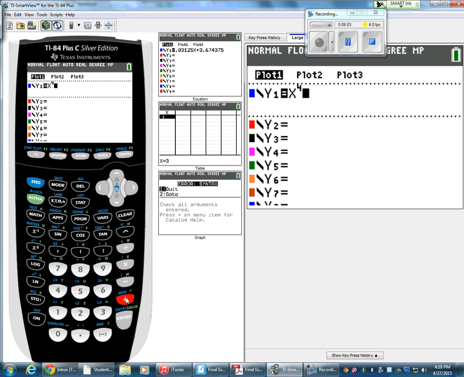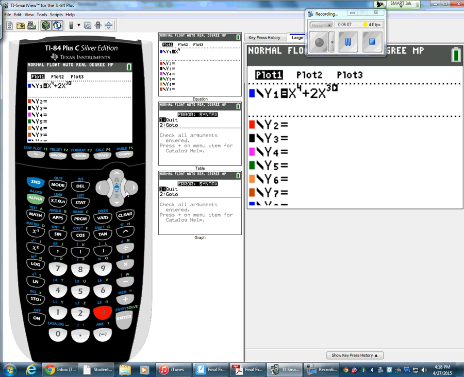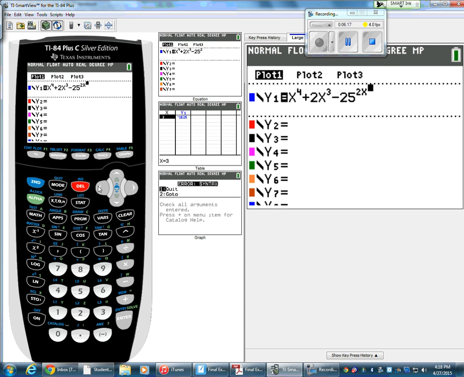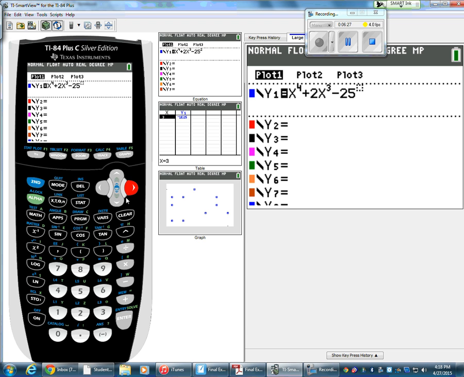You don't keep it up there in the exponent, plus 2x cubed, and then minus 25x squared. Oops, 25x squared. I just messed that all up. Delete, delete, delete. And then 25x squared.